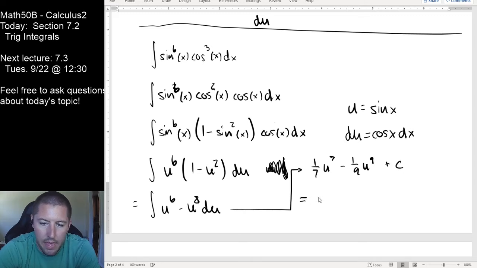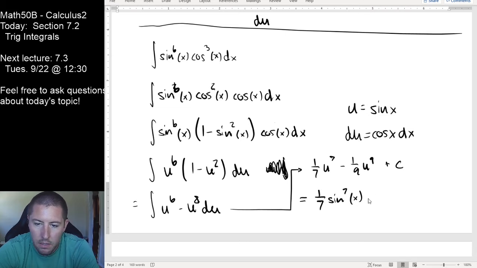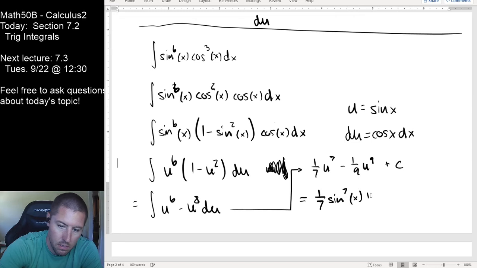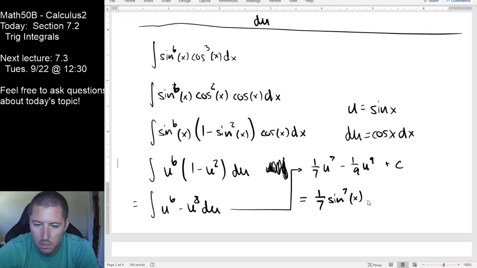And we can then rewrite that back in terms of our original variable: 1/7 times sine to the 7th of x minus 1/9 sine to the 9th of x plus c. Right.